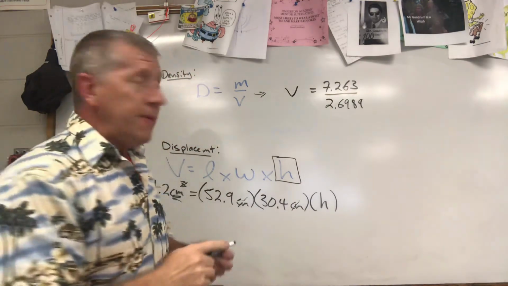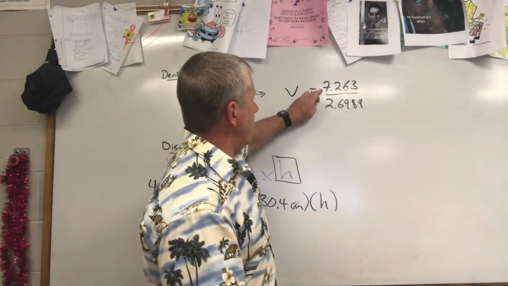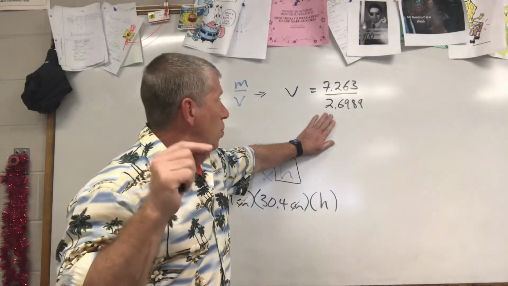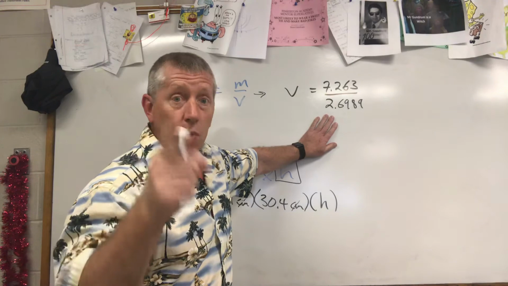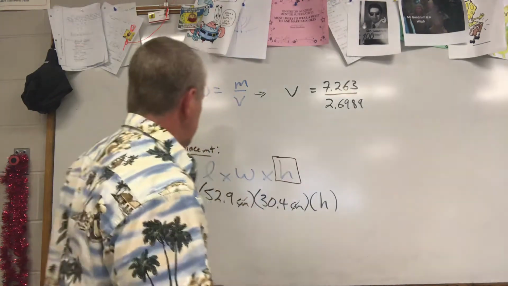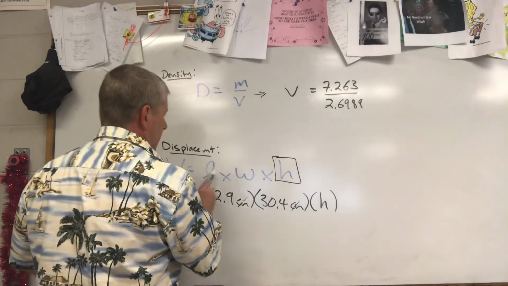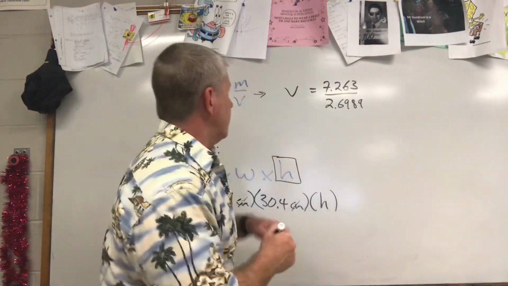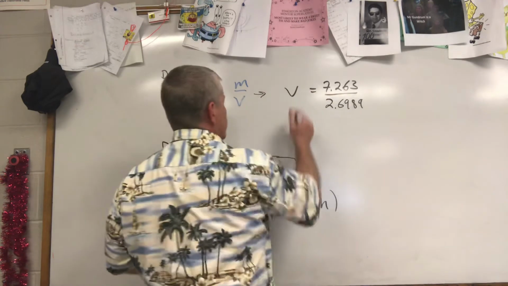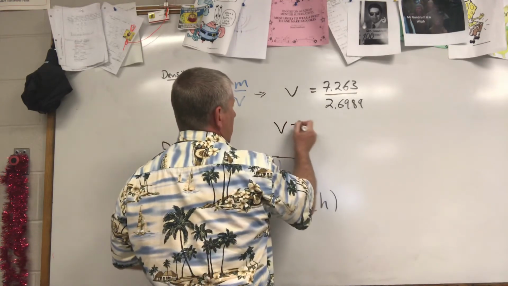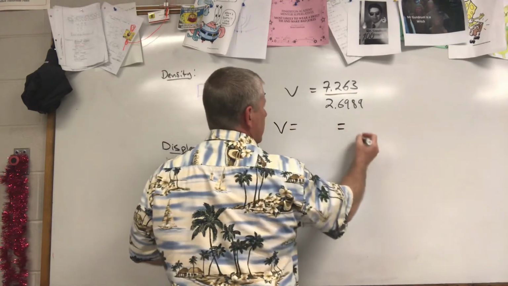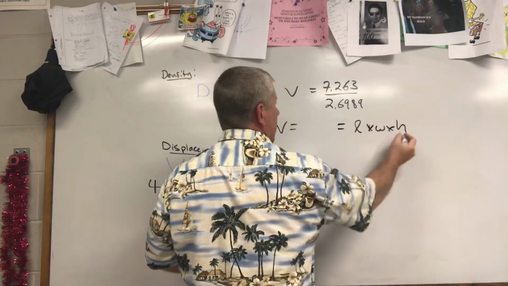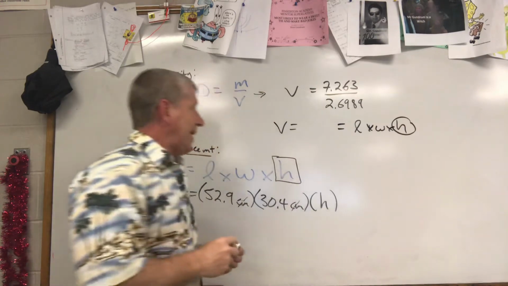So when you divide this out, the 7 point blah blah over 2 point blah blah, you'll get the volume of it. And then once you get the volume of it, you have the length and the width. Because remember, we measured those already. So whatever you get for this answer, you're going to set that equal to length times width times height, and once again solve for that h.